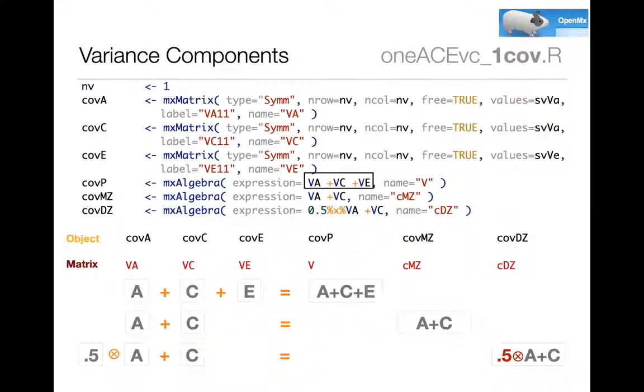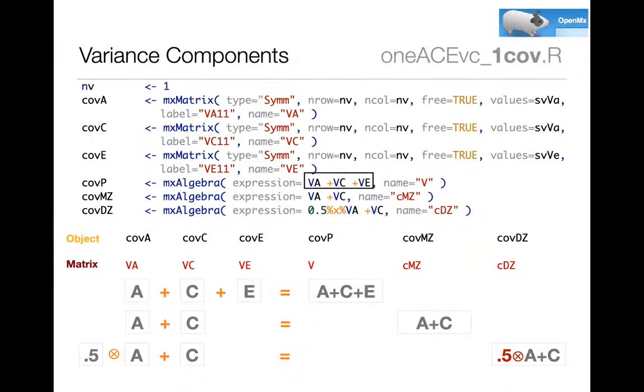So let's go into the essence of the ACE model for just the data on MZ and DZ twins. We typically use an mxMatrix statement to generate a matrix that holds the additive genetic variance, the shared environmental variance, and the unique environmental variance, here referred to as VA, VC, and VE.